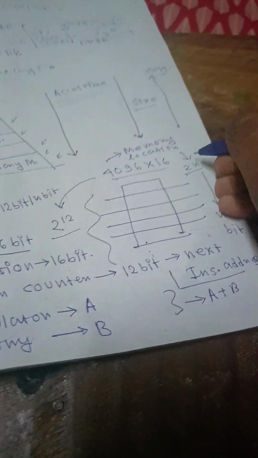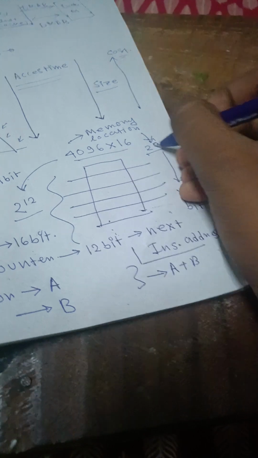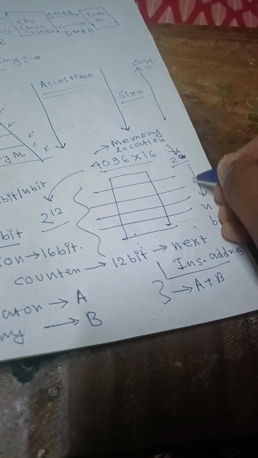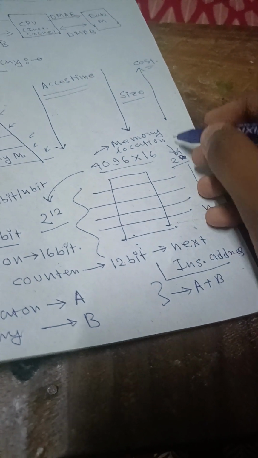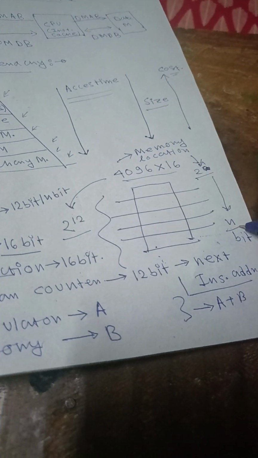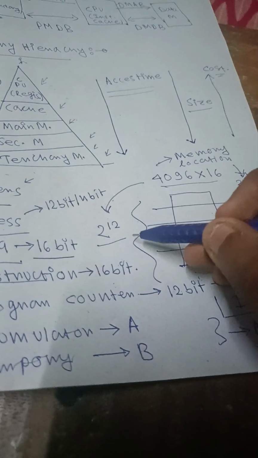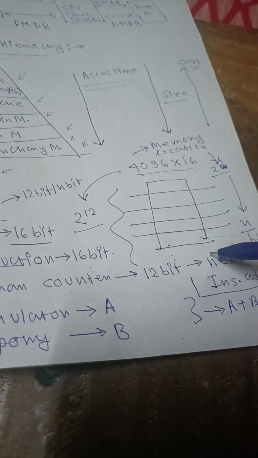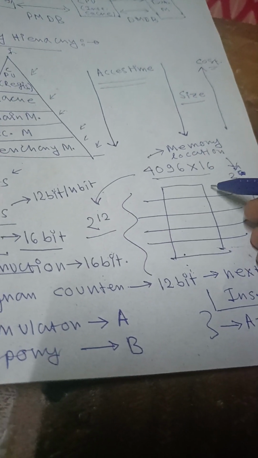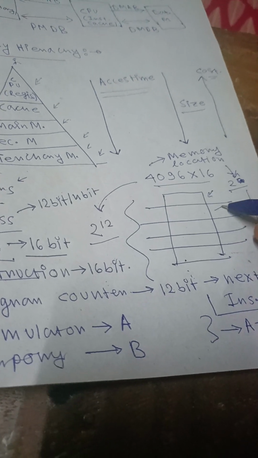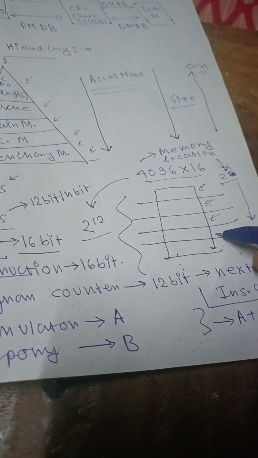It's not 2n, it's 2 to the power n, and n is called the number of bits. Here it is 2 to the power 12, so it is a 12-bit register, and in every location we can save 16 bits of information.